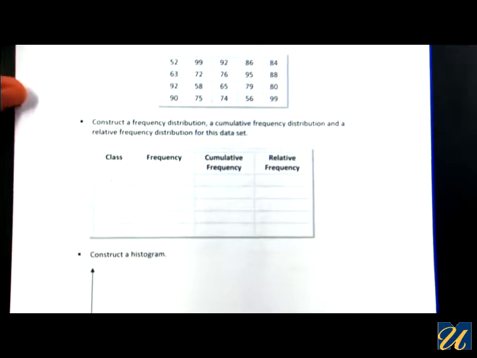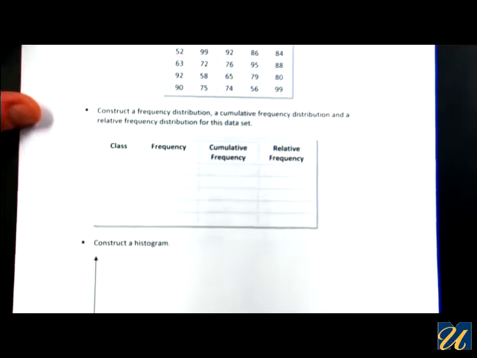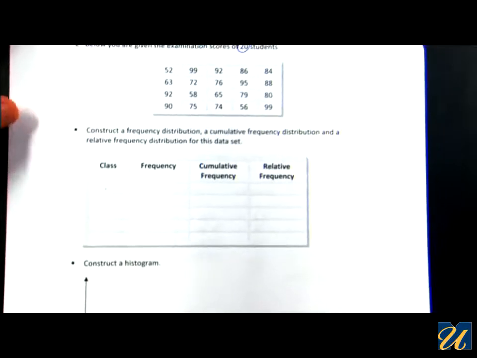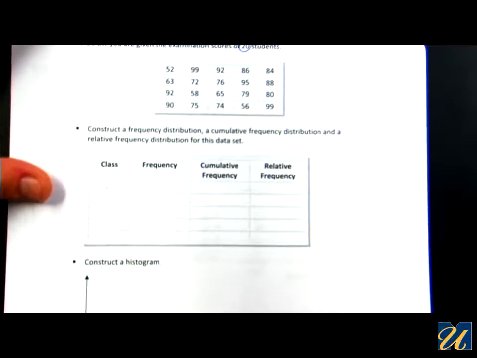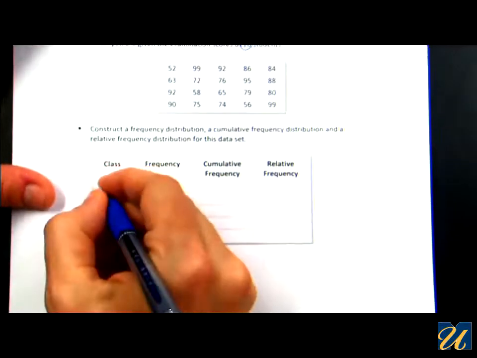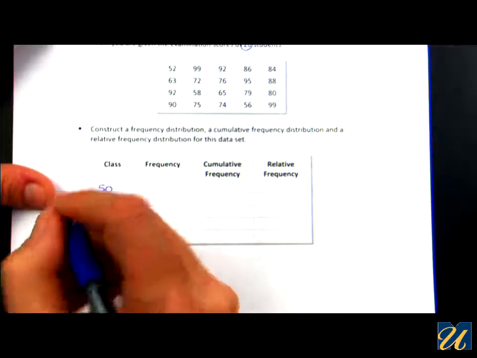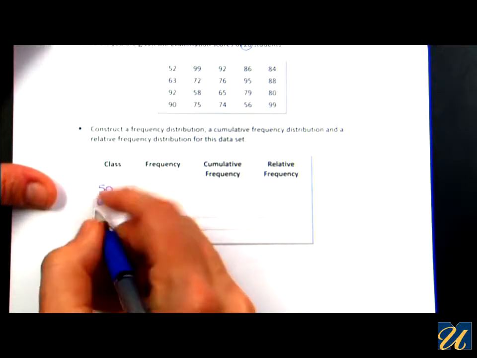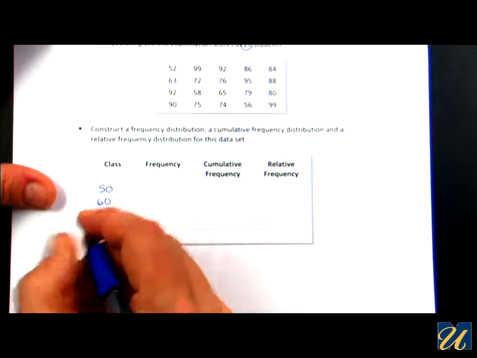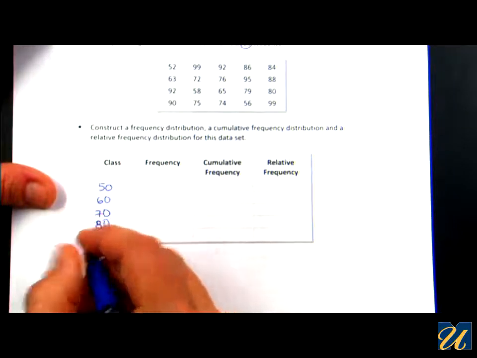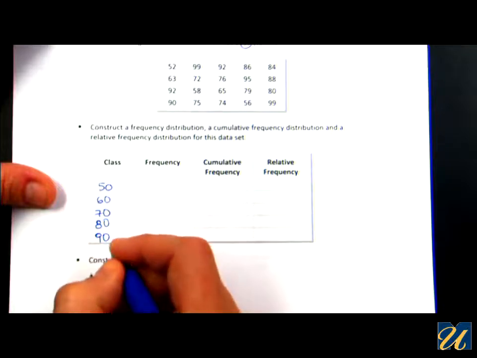Now, if we were to start from 50, we would have the first lower limit 50, 50 plus 10, 60, 70, 80, 90.